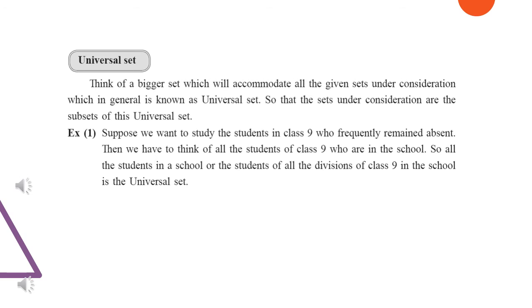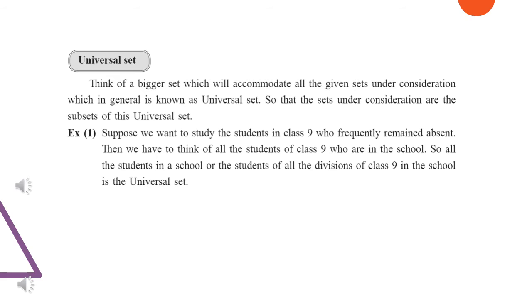They have given us one example here. Suppose we want to study the students in class 9th who frequently remain absent. So for this we have to first think of all the students who are there in class 9th in our school.